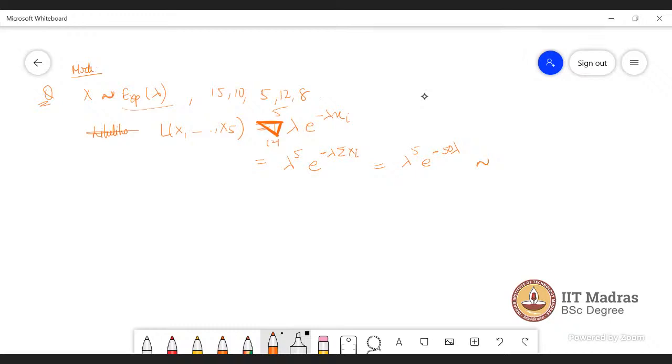If you look at the gamma distribution, if x follows the gamma distribution with the parameters a, b, then the distribution of x is given by x to the power a minus 1 e to the power minus bx. So the likelihood function looks like something like x to the power a minus 1 e to the power minus bx.